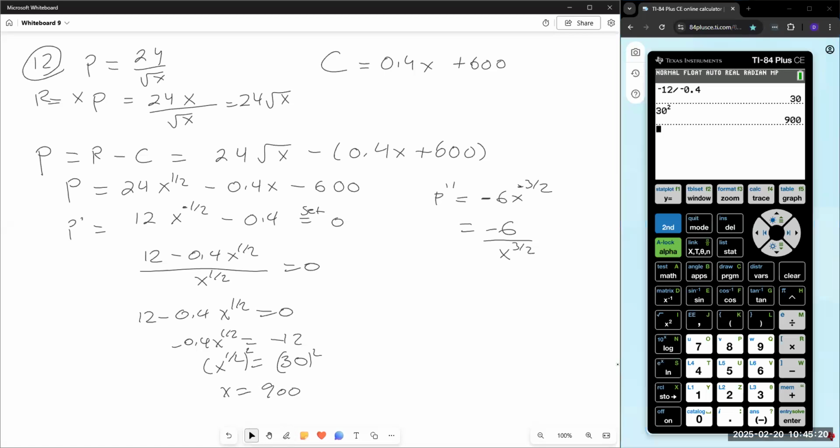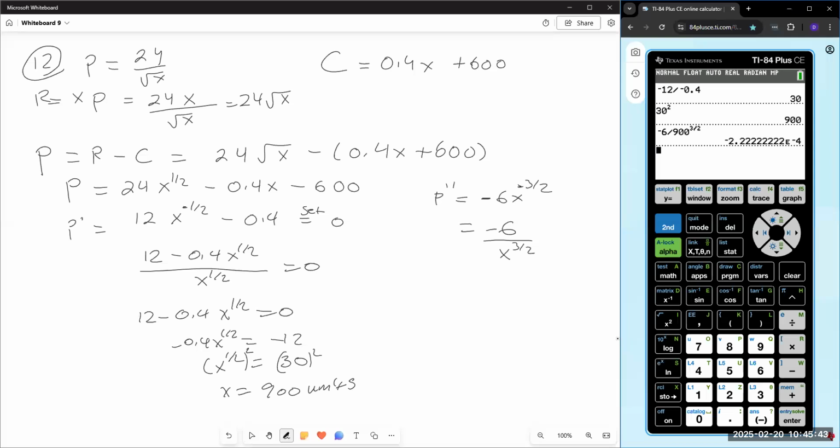Now I don't want 900 units. What I want is the price that will help me to sell 900 units. And we should probably prove that negative 6 divided by 900 to the 3/2 power is a negative number here.